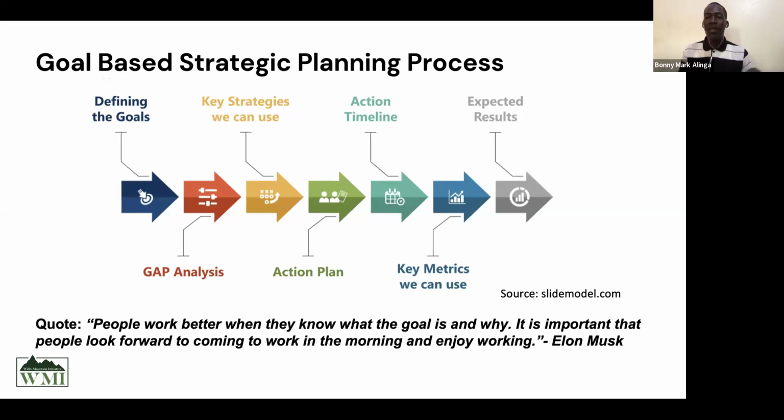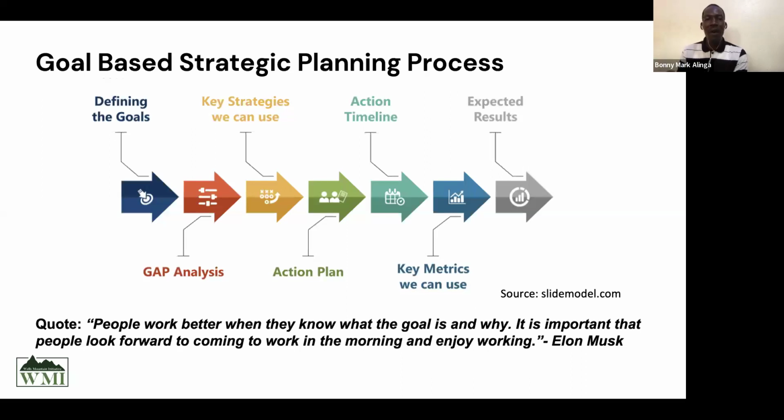And after that, you know that in your goals, you have the metrics to use in how to measure them. So you have to look into that in your timeline, by what time or by which period will I achieve this goal and the expected results period.